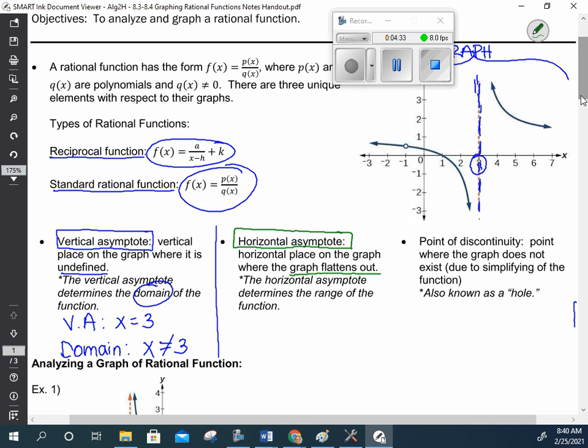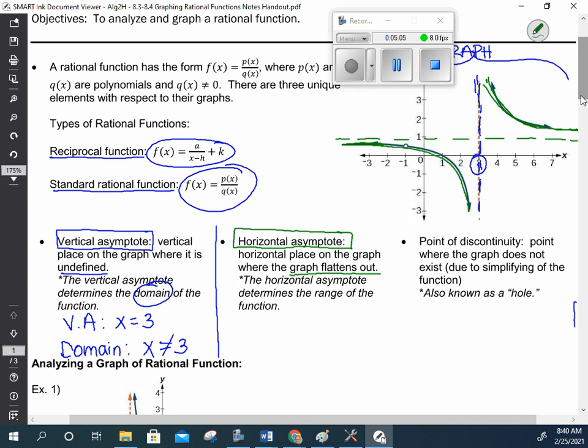Notice that you have this curve that gets flat at a particular point, and you have this curve that gets flat after a particular point. Somewhere here, the graph gets flat. That is called a horizontal asymptote.